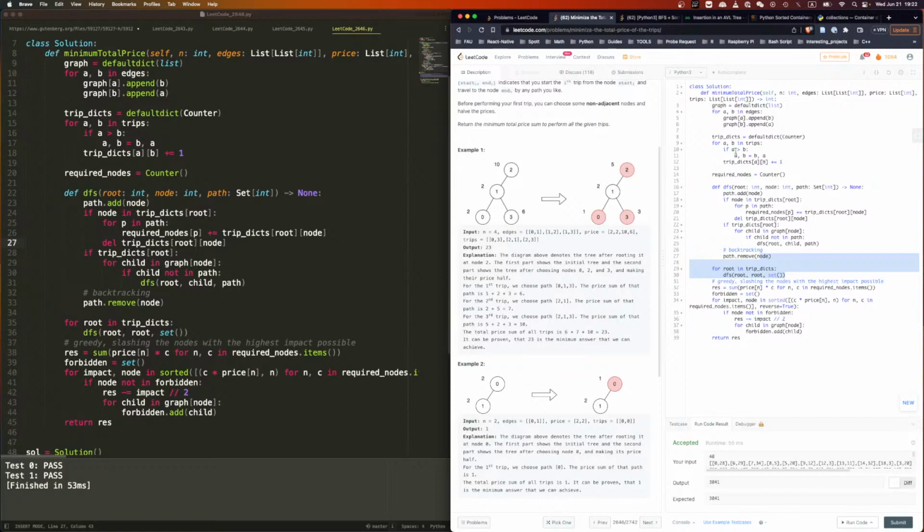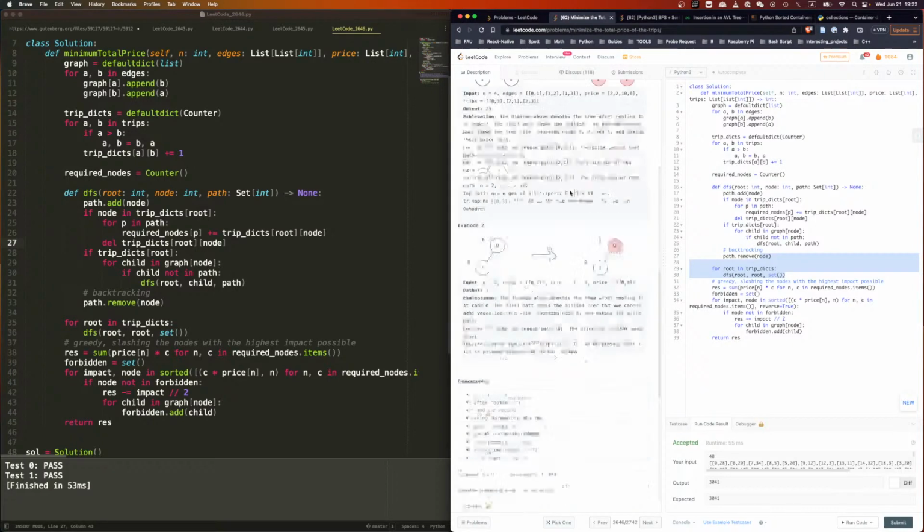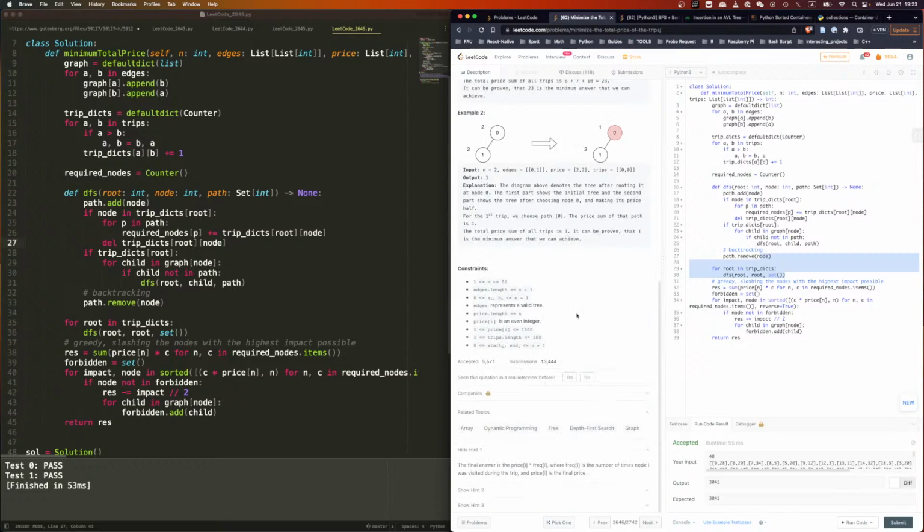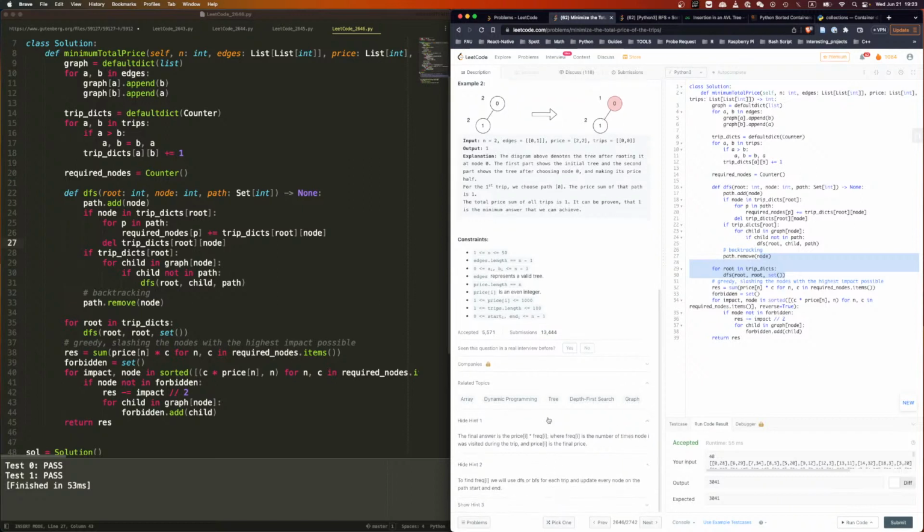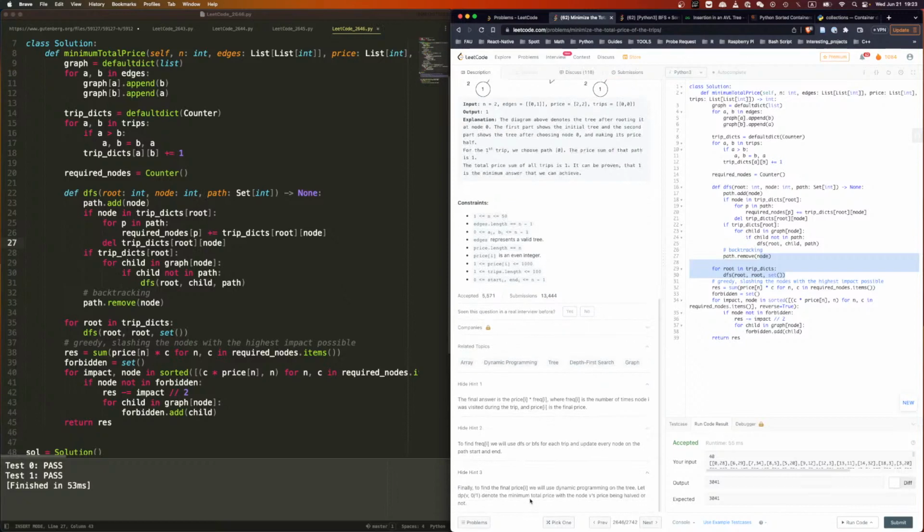Which ones to slash, and we hit a bottleneck, and we say the final answer is the price times frequency, where frequency is the number of times node i was visited. That is correct. To find frequency, we'll use DFS or BFS for each trip to update every node on the path. We've done that. We have the required nodes. I want to know the last part.